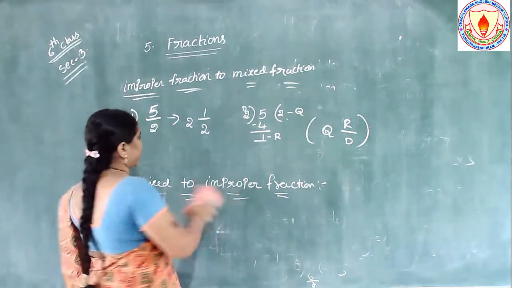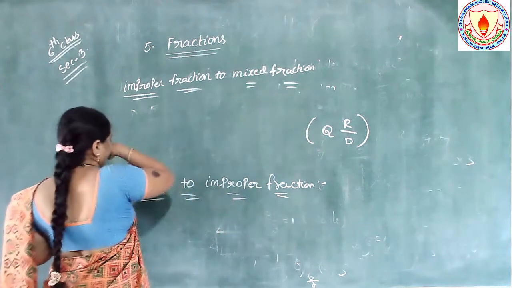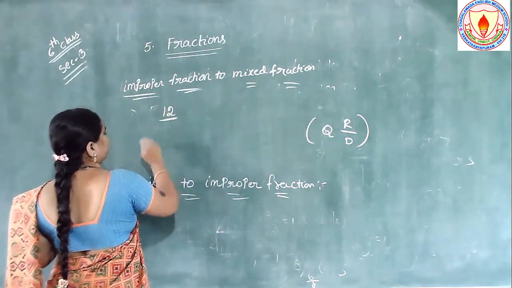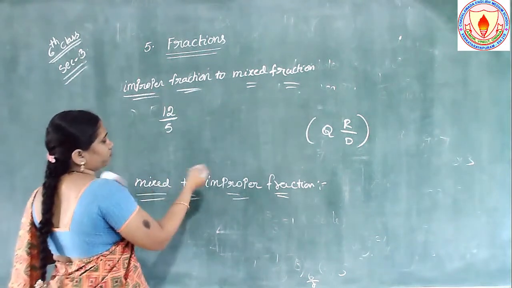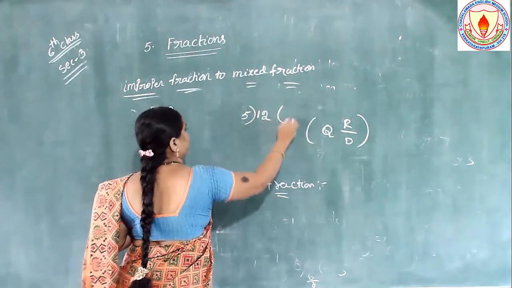I will give one more example here. 12 by 5. So you do 5 into 12.